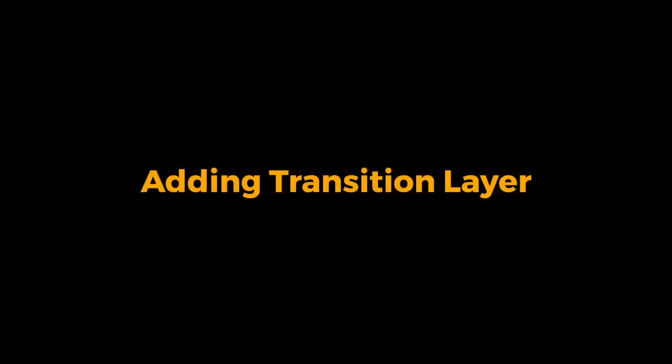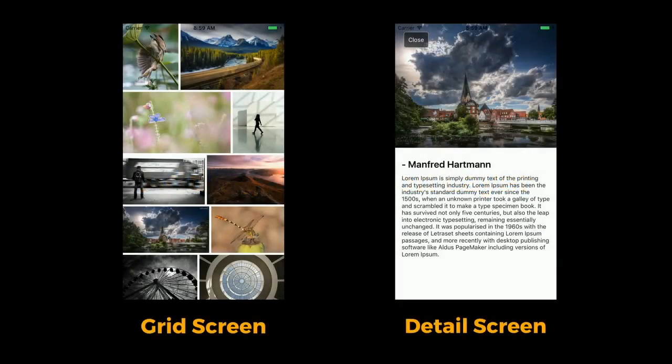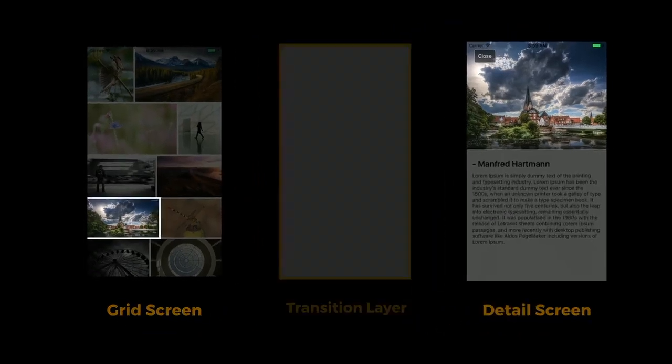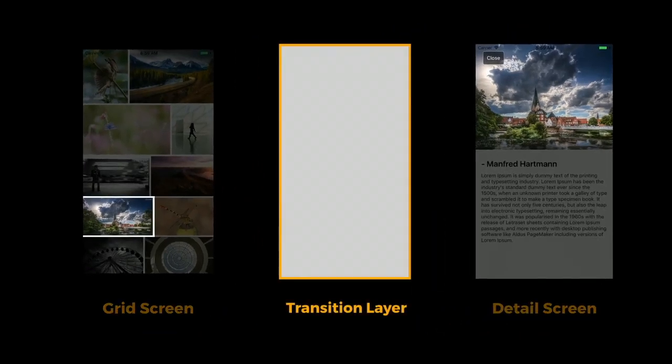So now add the transition layer which I spoke about. To give you a bit of context of what I spoke earlier, we have the grid screen and detail screen, and we need to animate this particular image which is in the grid screen to the detail screen from the given position and size. So what I told was I'm adding a transition layer in between which would do it.